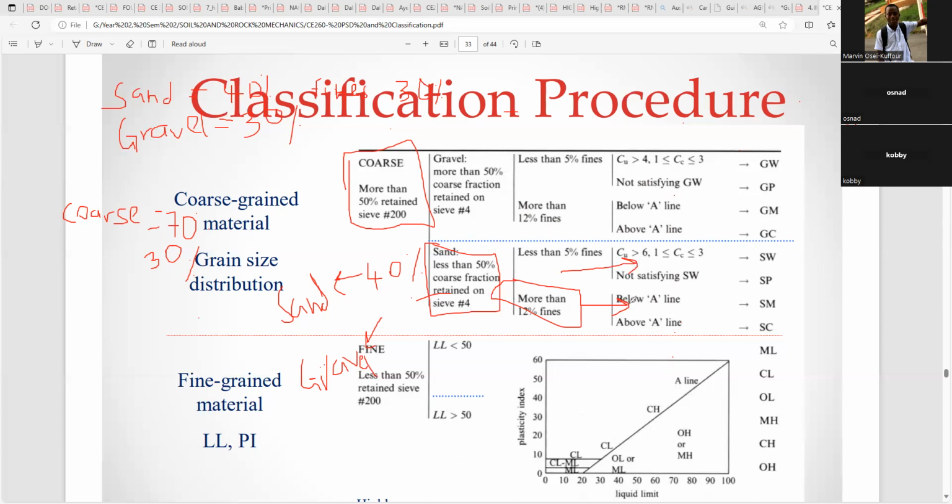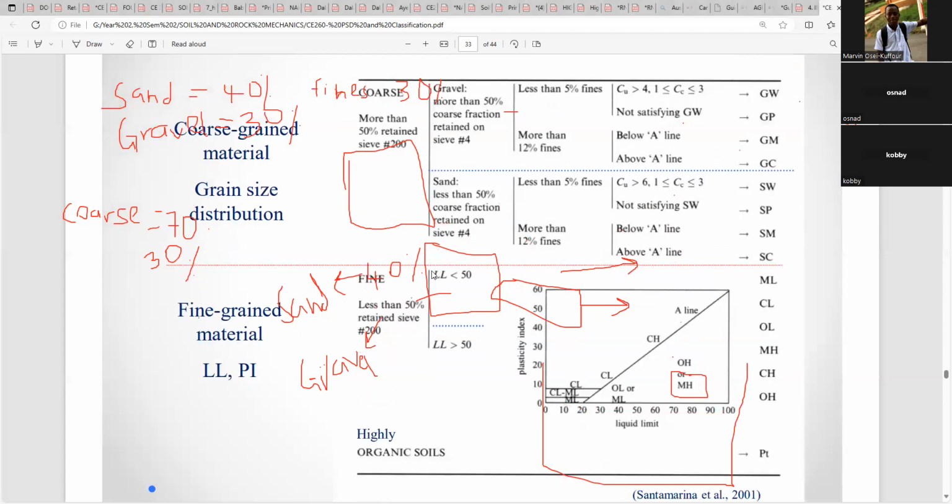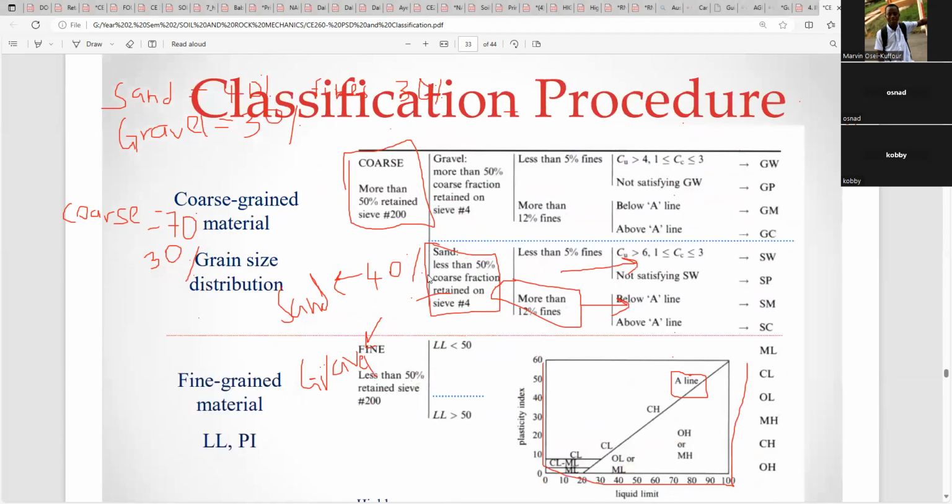So what is next? It says what? Below A line, above A line. And what can we use to plot that below A line and above A line? So we come and check here, this graph. That is where we have the A line. Let me clean this whole thing.